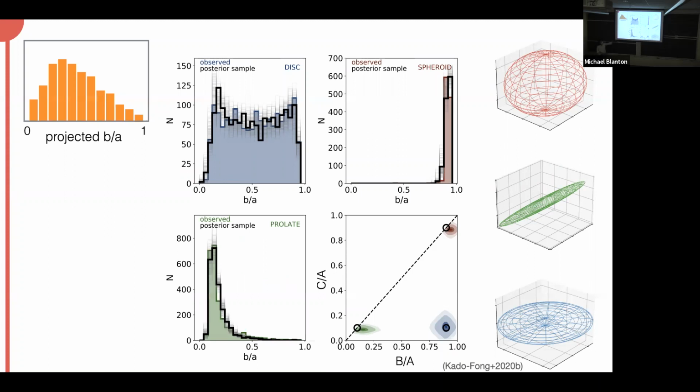And indeed, we see that the projected axis ratio distribution peaks at low b over a and then has a tail off towards unity. And if we turn back to this initial panel again, here the black circles are the input ground truth for each of these toy models, and the filled histograms or the filled contours are our best fit model for each of these toy cases.